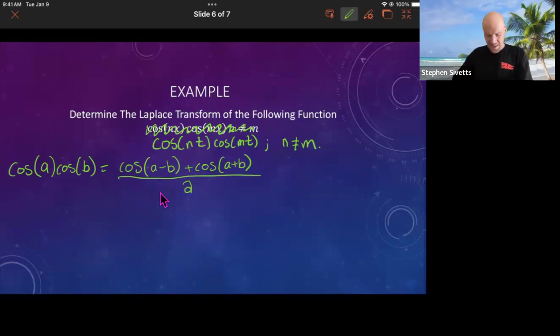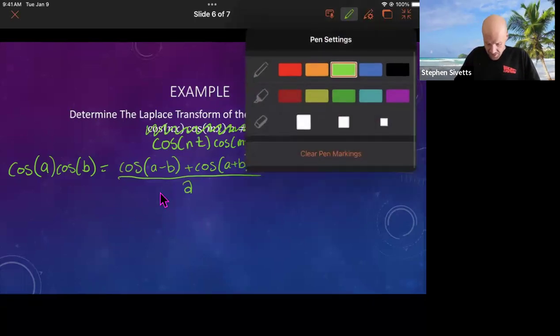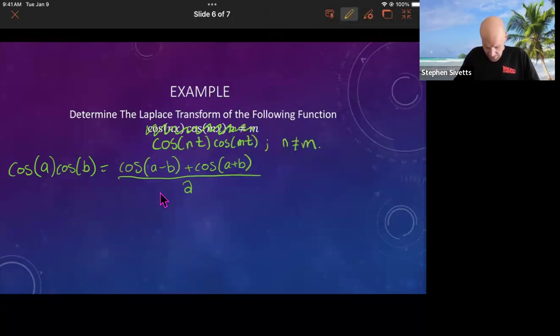So it's using the average of the angles for the cosine function. You've probably seen this in pre-calculus. So we're going to use this trig identity to figure out the Laplace transform of cosine nt times cosine mt. If n does not equal m, you can use this trig identity. Otherwise, you have to consider cases if n is odd or even.